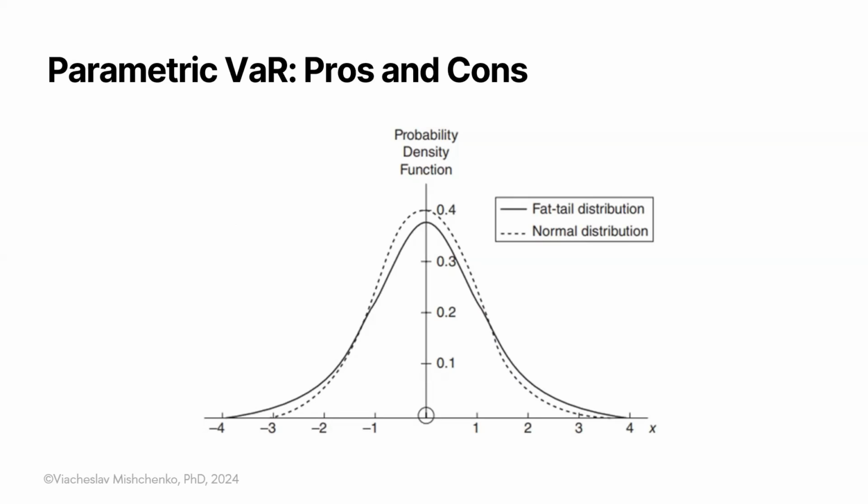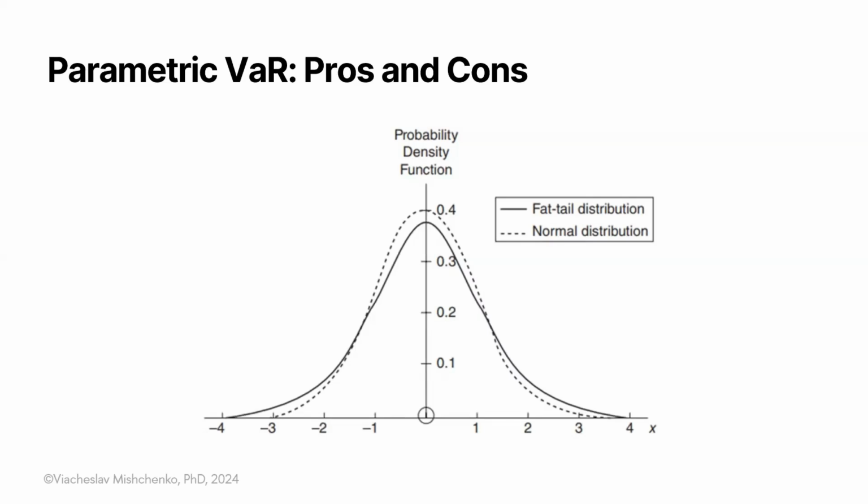The speed of calculation using this method means that we can quickly update our risk estimates as market conditions change. This is vital in active trading desks, where positions change rapidly throughout the day.